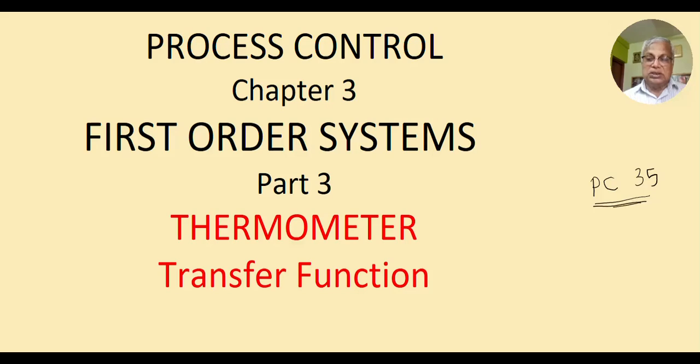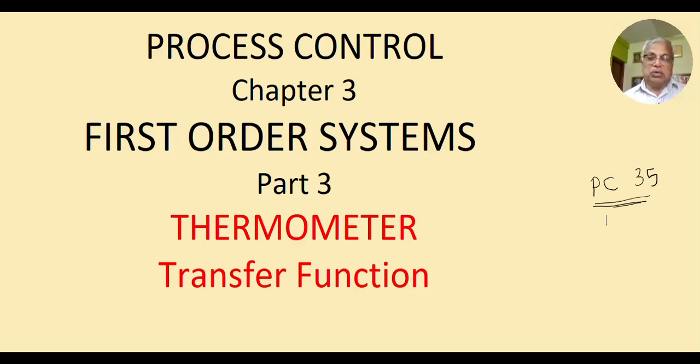So these have been explained in my previous lecture titled PC35. This lecture is a continuation of the previous lectures. The link for this previous lecture is given above and also in the description below.